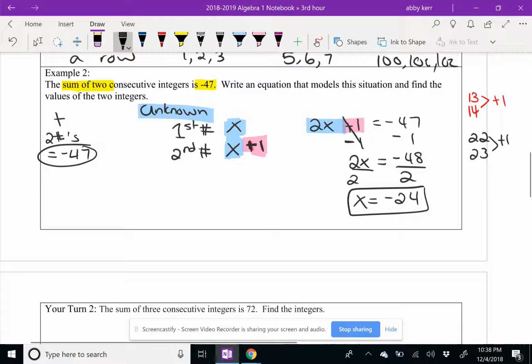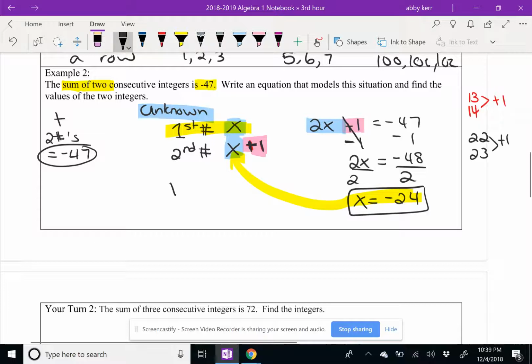Now notice that I'm looking for 2 numbers. So I just found the first number. I now need to find the second number. So what you do is you plug it back into this x.